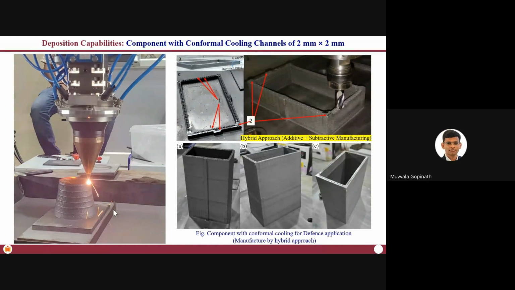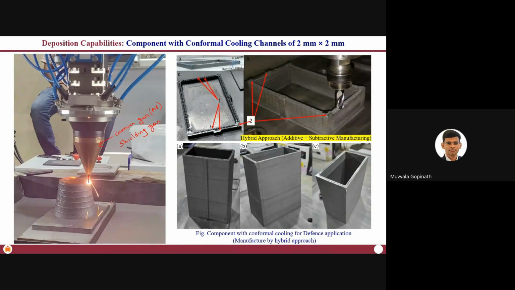Yes. So typically, from this nozzle, there will be three gases coming out. One we call the carrier gas. The carrier gas is carrying the metal powder to the processing zone, which is argon. Then you have the shielding gas, which is again argon, which prevents the metal fumes coming out of the molten pool from entering the nozzle.